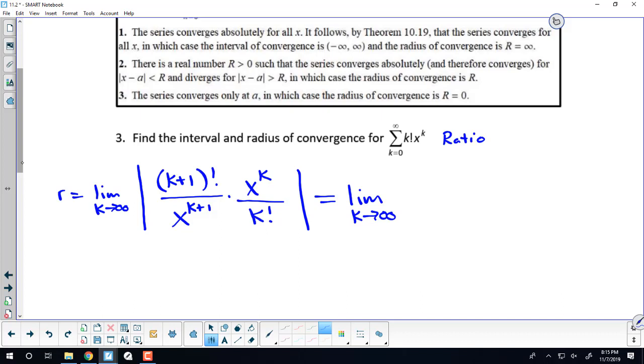Okay, so the stuff in the absolute value simplifies to what? k plus 1 over x. So we've got a k plus 1 factorial again.